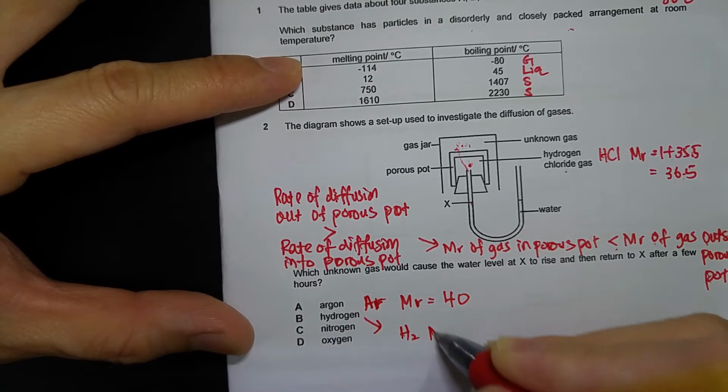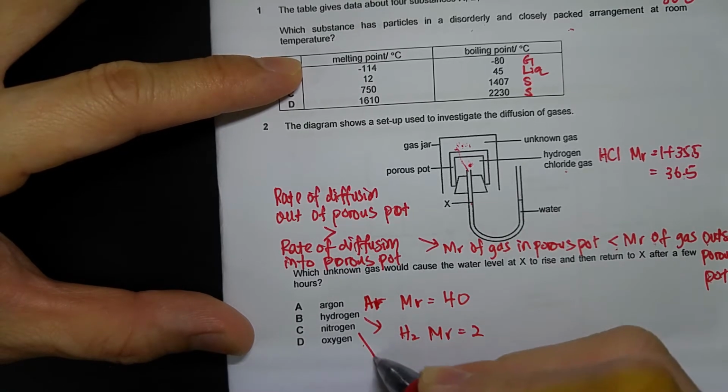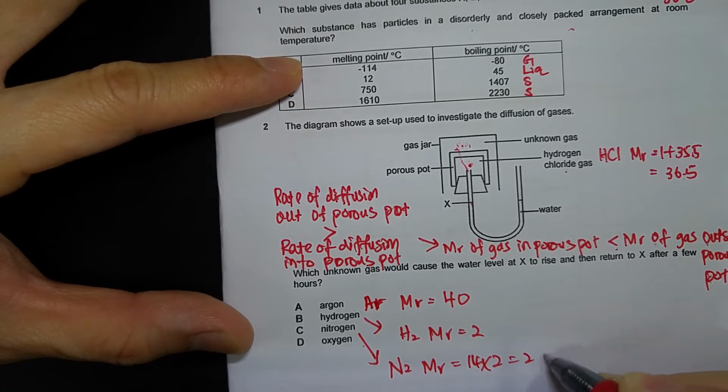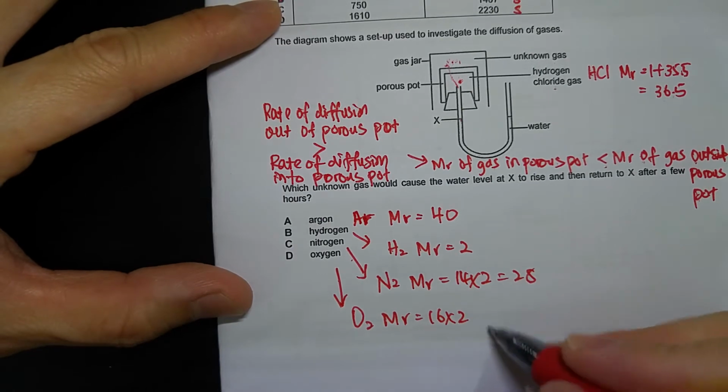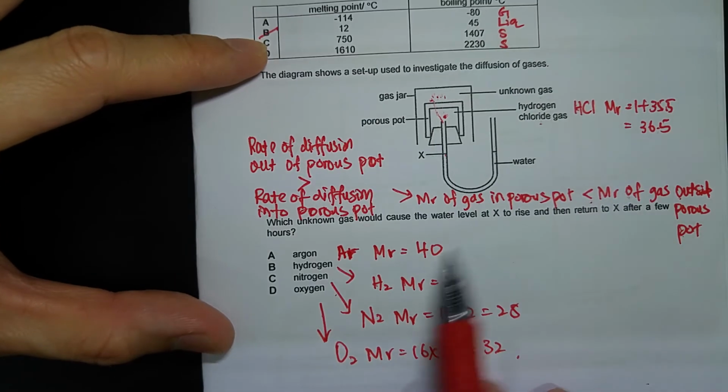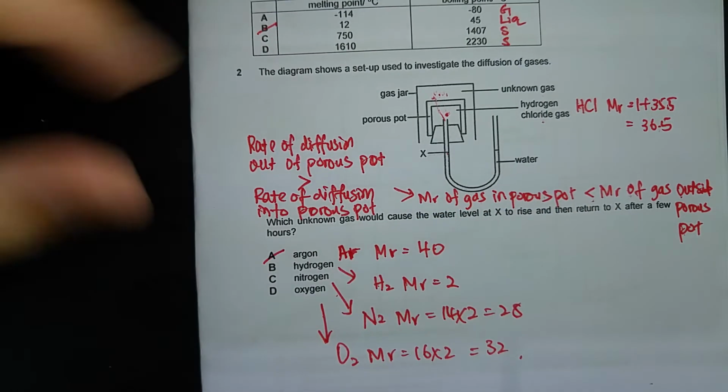Hydrogen is H2, so the MR is 2. Nitrogen is N2, so the MR would be 14 times 2, which is 28. And oxygen is O2, the MR would be 16 times 2, which is 32. So which one is bigger than 36.5? It is A, argon.